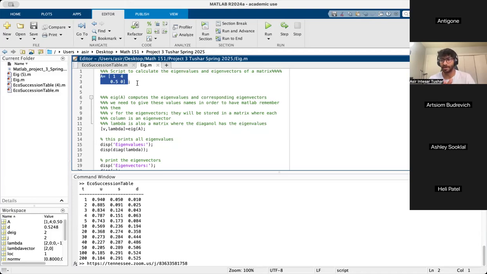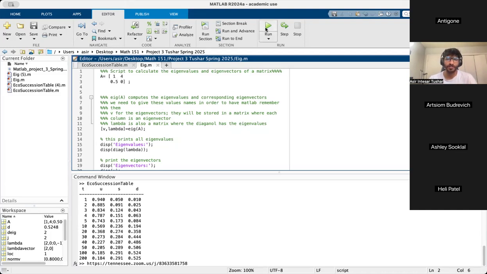This is a dummy matrix, okay? It just says 1, 4.5, and 0 matrix. So you'll have to change this for sure. This .m file will give you the eigenvalue, the dominant eigenvalue, and the eigenvector, so all the things you're going to need. In the last project we have, project 3, part B will tell you to find the dominant eigenvalue and the long-term structure, so the eigenvectors.